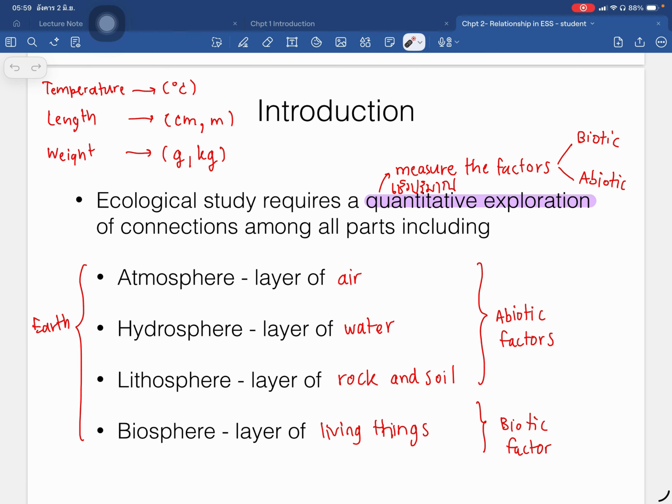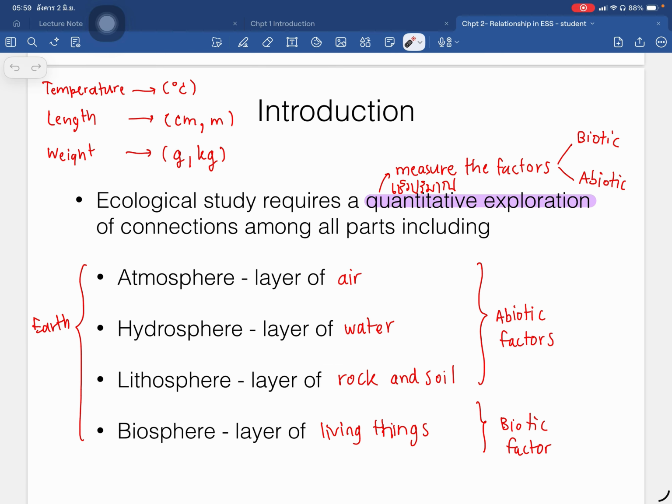Just like the temperature, we need to measure it, but do not use the terms hot and cold. We measure it in degrees Celsius. And the length is not long or short, but we measure it in units of centimeter or meter.